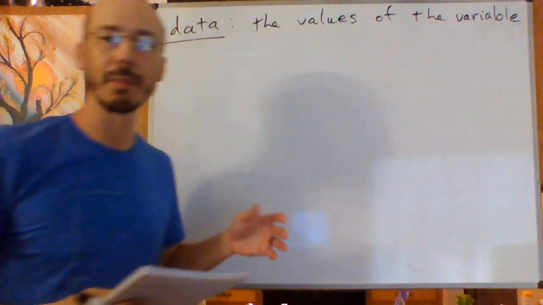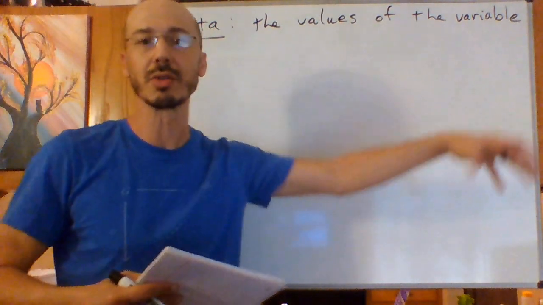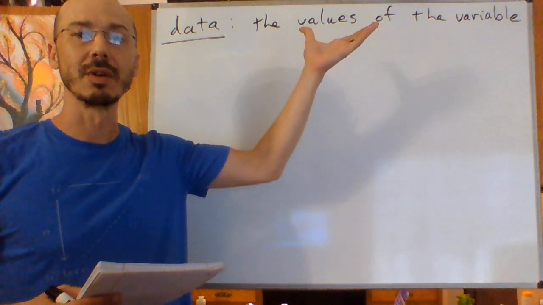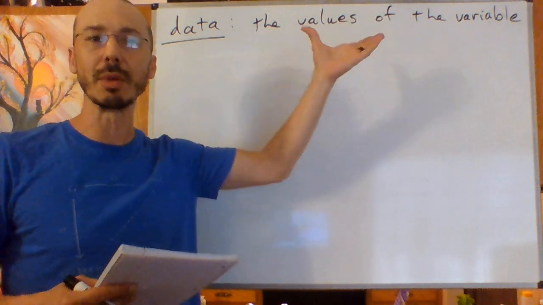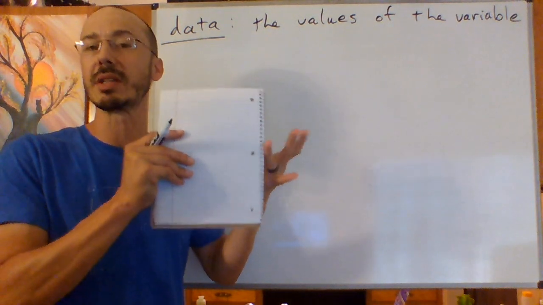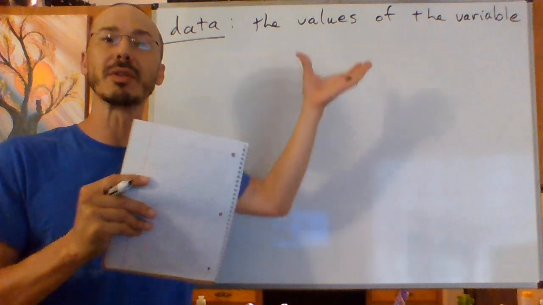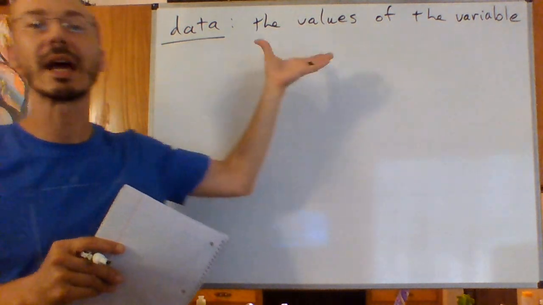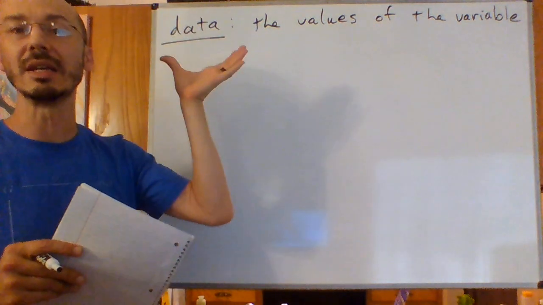So a variable measured across each individual in a sample gives us a bunch of different values. We measure everyone's height, we get a bunch of different values. If we take a poll and ask people what type of car they have, those would be the values, even though they're not numbers. But that collection of values is the data.